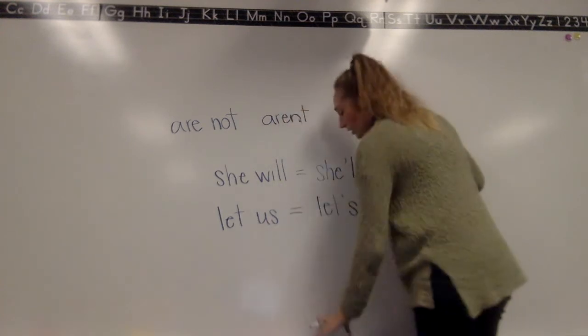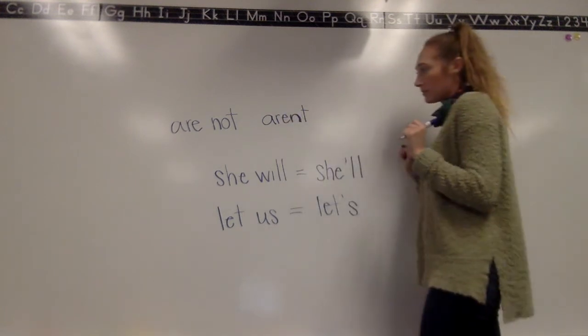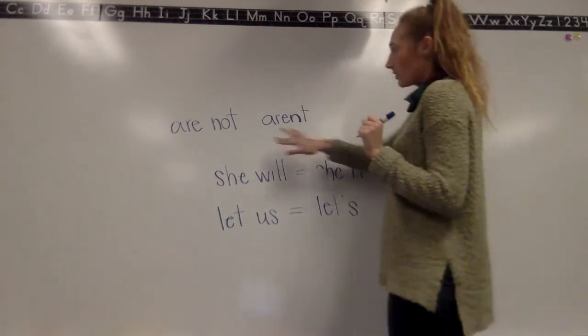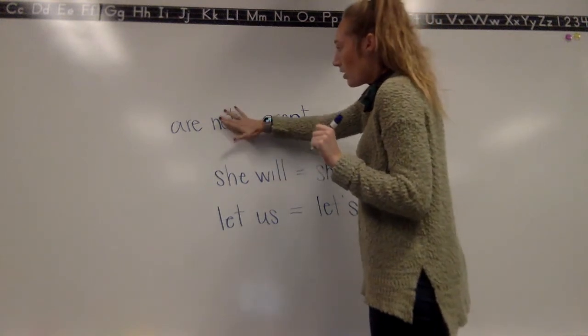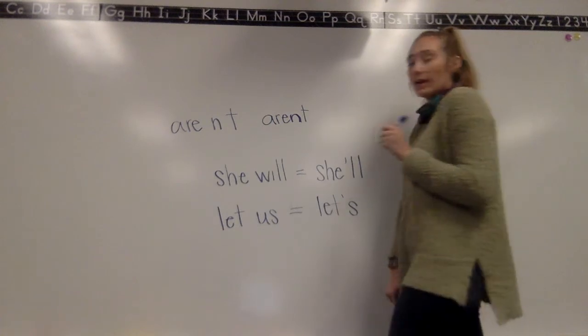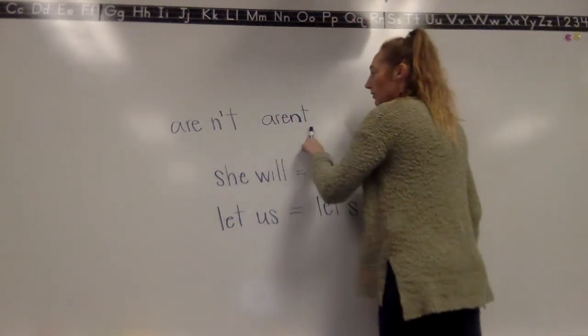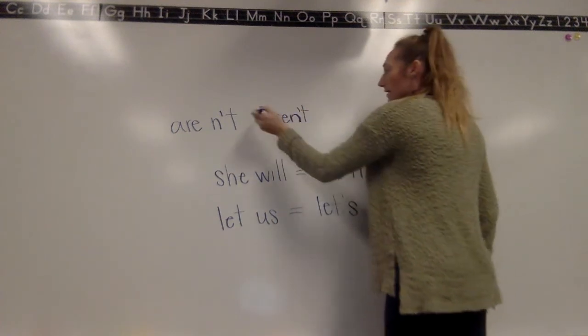So do you notice which letter is taken out? Good. The O. So we take that O out and we add an apostrophe where it's missing. And then you combine them. And that makes the contraction.